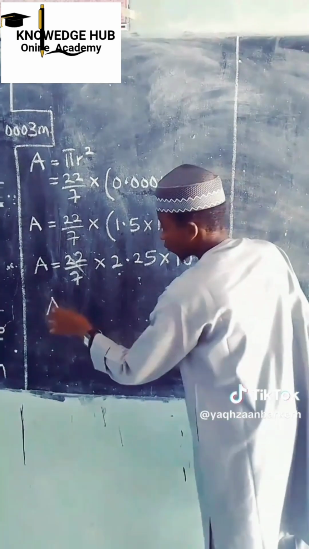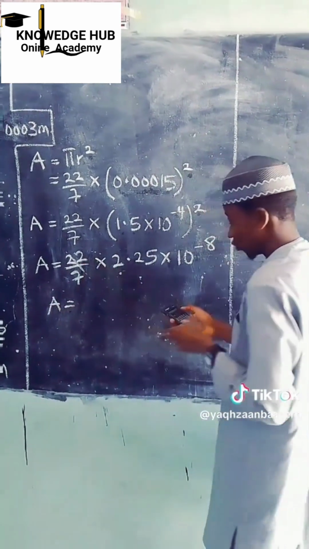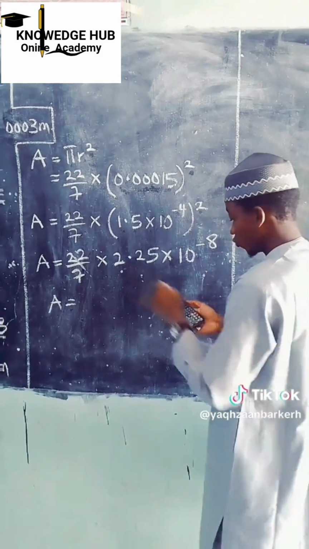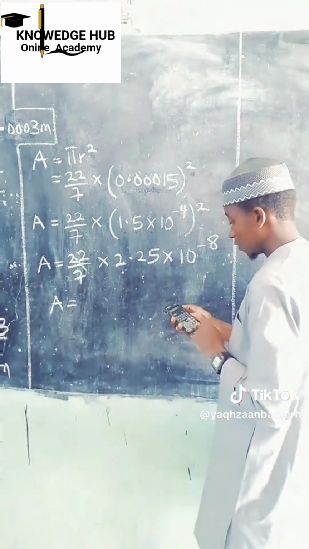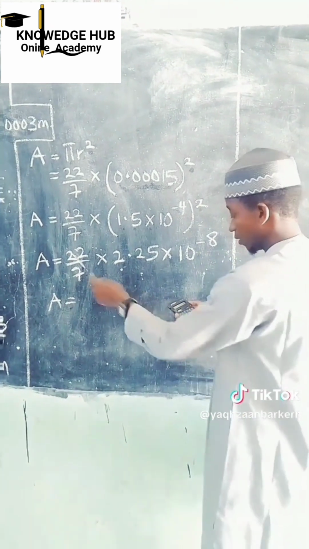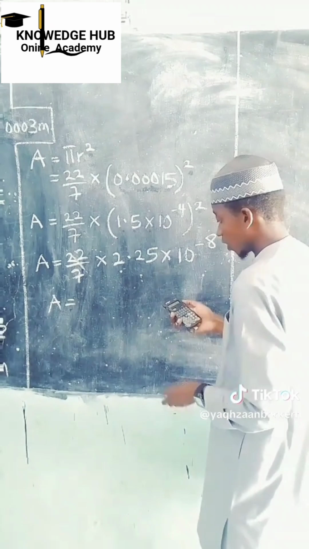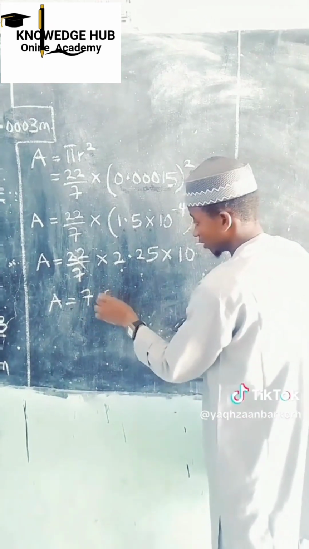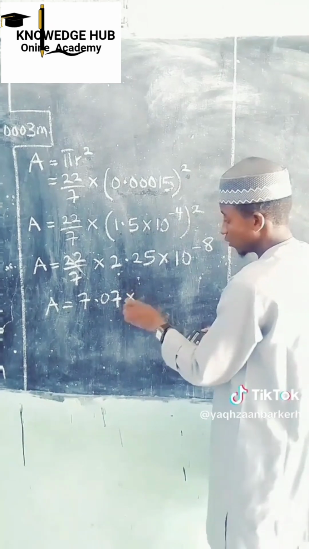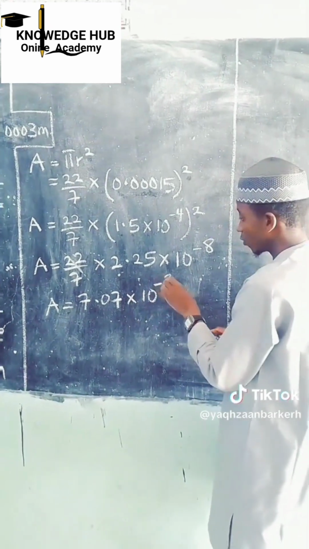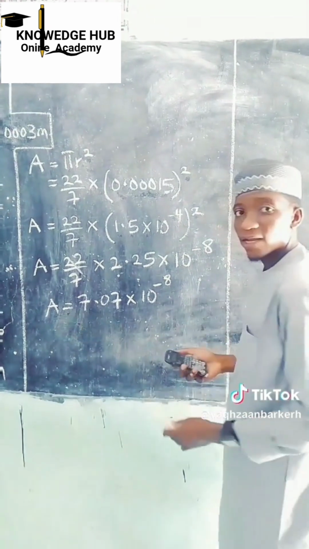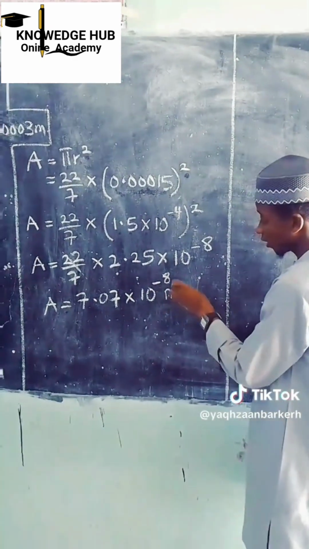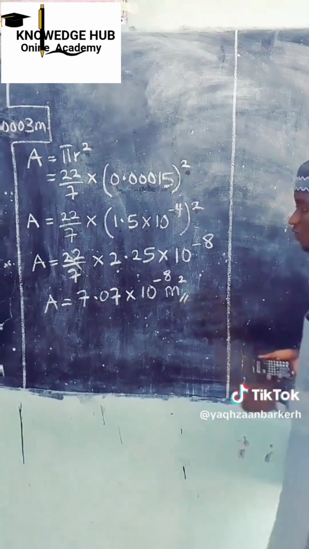Then area will be equal to 22 multiplied by 2.25, then divided by 7. So we are going to have 7.07 times 10 to the power of minus 8. The unit of area is meter squared, so I will write meter squared. So now we have our area.